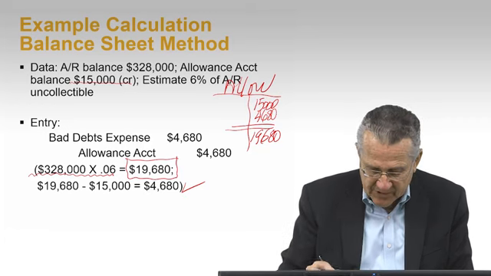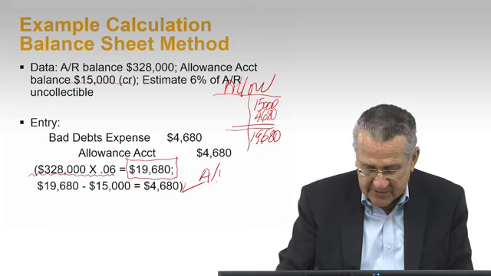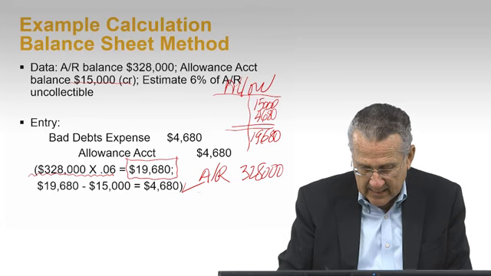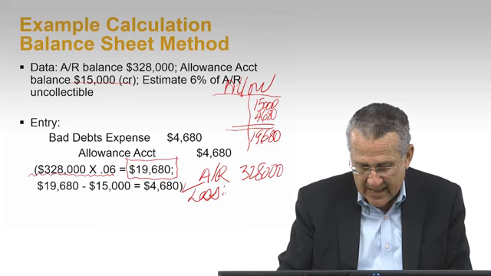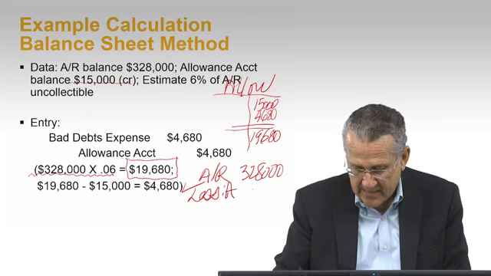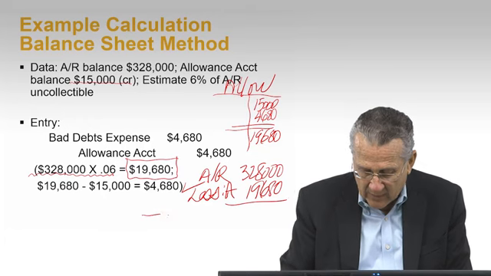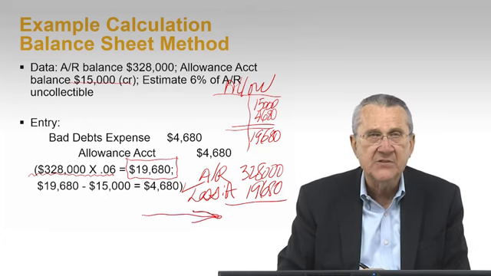The balance sheet is going to read accounts receivable of $328,000 less the allowance account balance, and that's going to be $19,680. And that, we believe, will allow us to calculate our accounts receivable at their net realizable value.